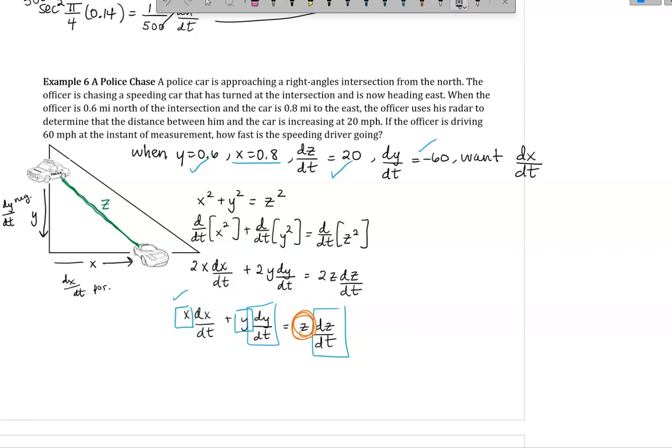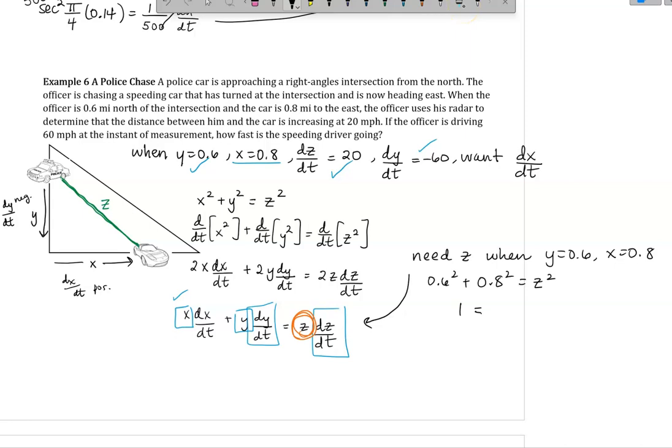Now that we have taken the derivative, we could start plugging in, but we have nothing to plug in for z. We do not know what z is at the particular moment when y is equal to 0.6 and x is equal to 0.8. So how could we find it? Well, even just looking at this picture, if we're talking about the moment when x is 0.8 and y is 0.6, I could use the Pythagorean theorem with no calculus at all to solve for what z is equal to, which is what I'm going to do right now.